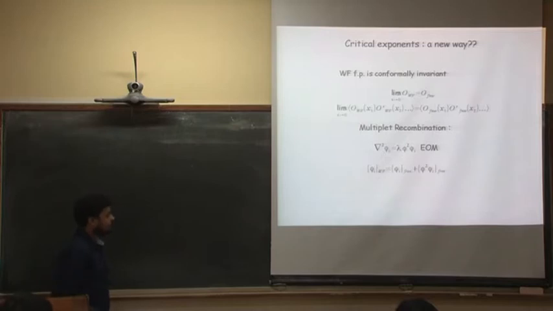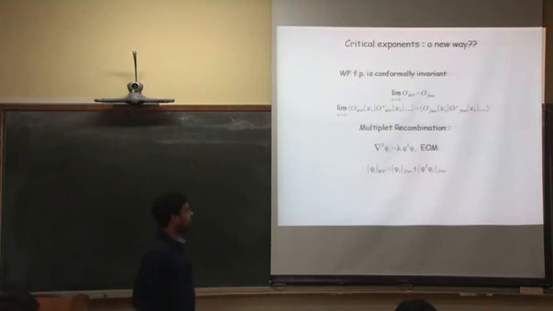And this equation of motion tells you that previously, when this lambda was 0, this phi I, this phi squared phi I, and all these things were primary operators.